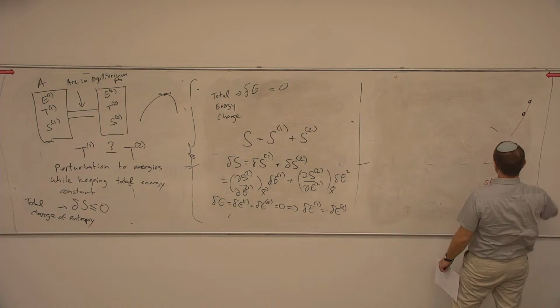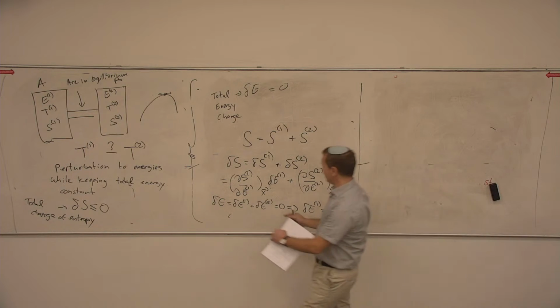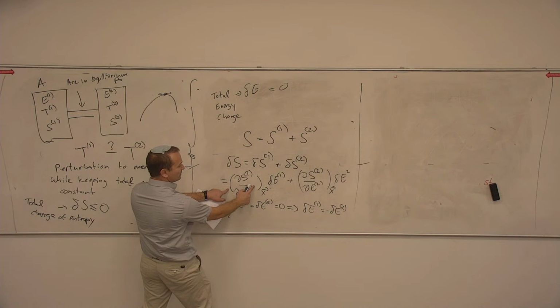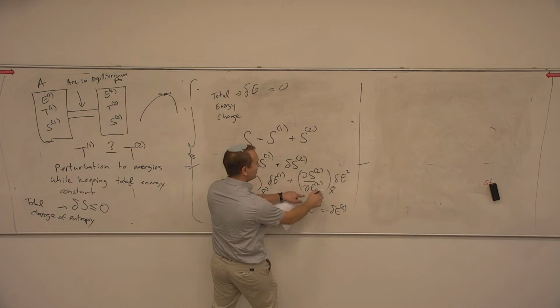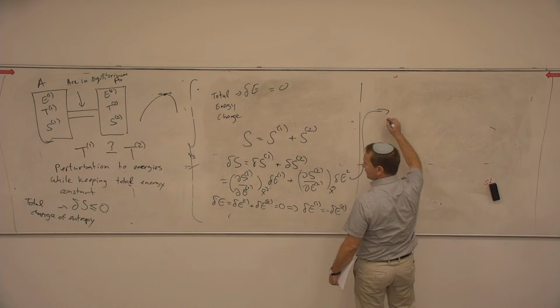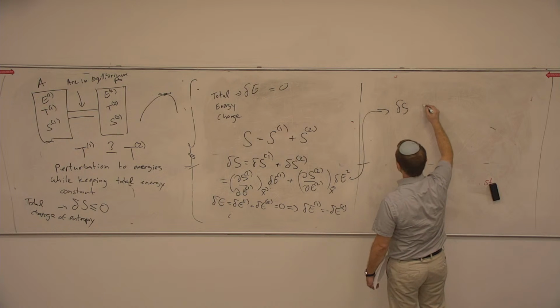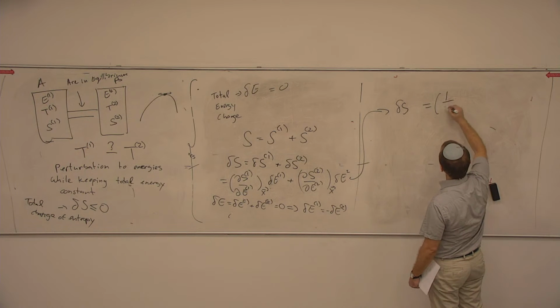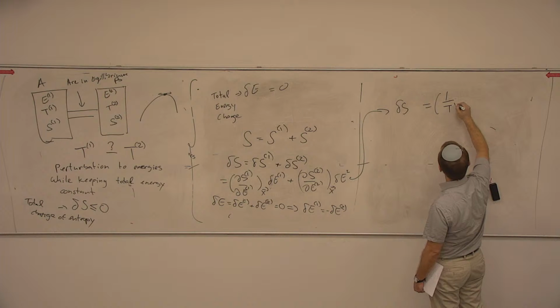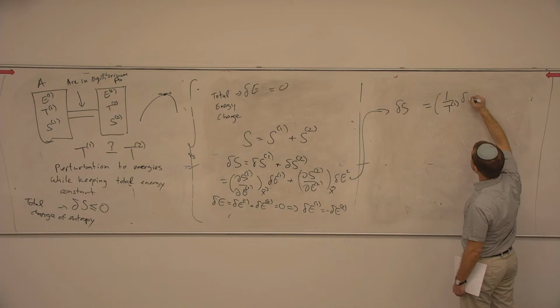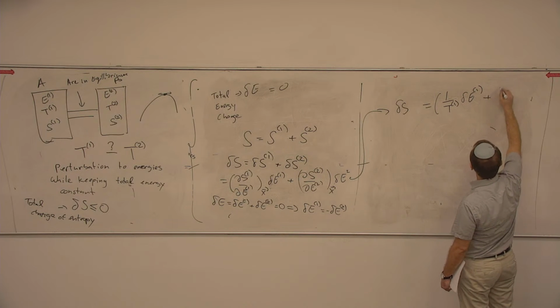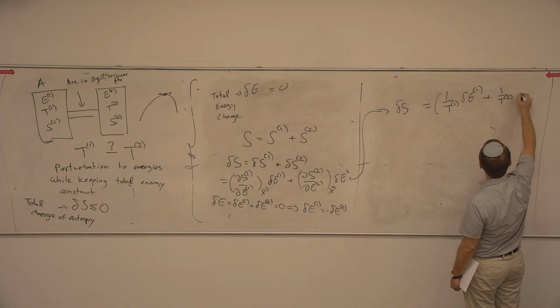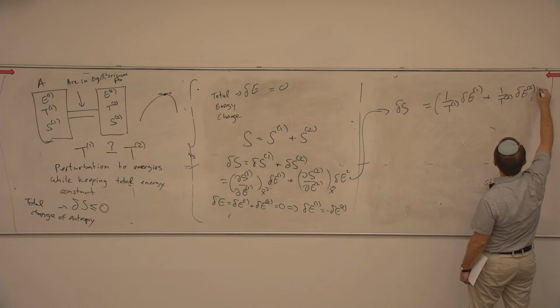Now, the next step is already obvious. So this is 1 over the temperature. This is 1 over the temperature. So we have that delta S equals 1 over T1 delta E1 plus 1 over T2 delta E2.